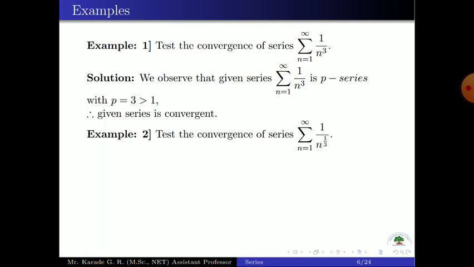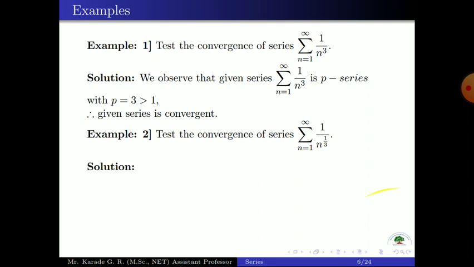Let us take the example to test the convergence of the series summation 1 upon n raised to 1 by 3, n runs from 1 to infinity. So this is also a P series because it is in the form of summation 1 upon n raised to p, and here p is equal to 1 by 3.